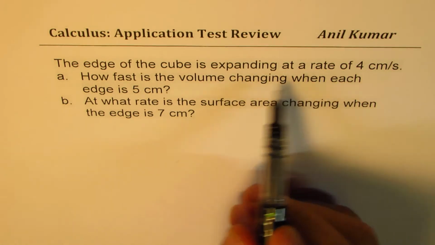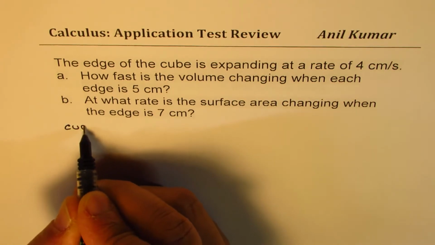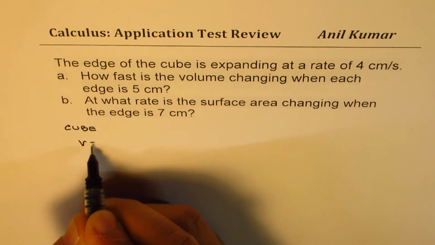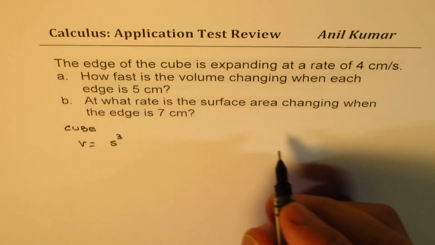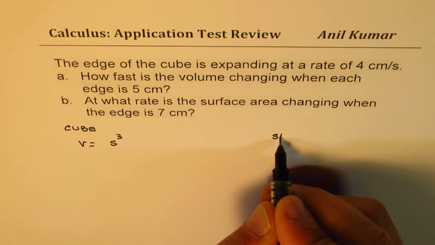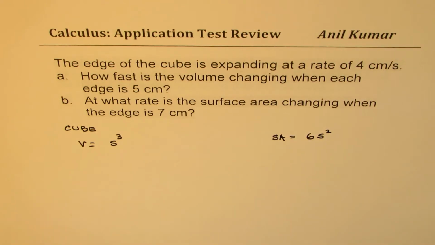Now in case of a cube, what is the formula for volume? So for a cube, volume is side cube. Is it okay? And what is the formula for surface area? Surface area for a cube is 6 side square, correct? So that is when we are given a cube.